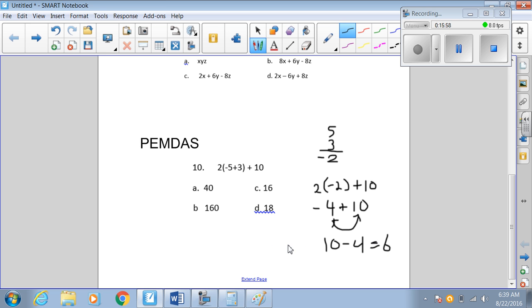So we look around. Do we have an answer here? No, we don't. So this is one of those trick problems. I want to see if you can see whether there's an answer there or not. You would say none of these are the answers, and my answer is 6.